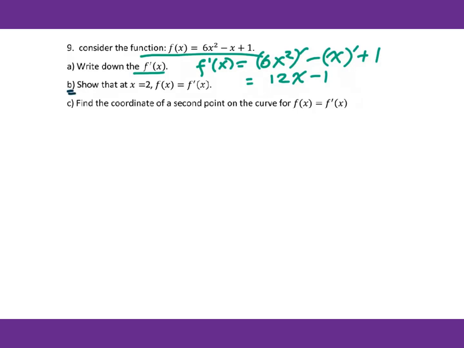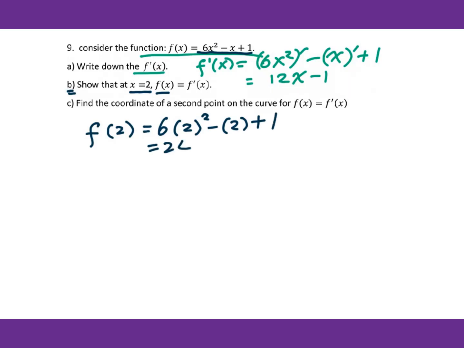For B, show that at x equals 2, f of x equals f prime of x. So f of 2, we need to plug 2 into this original function. You'll get 6 times 2 squared minus 2 plus 1.